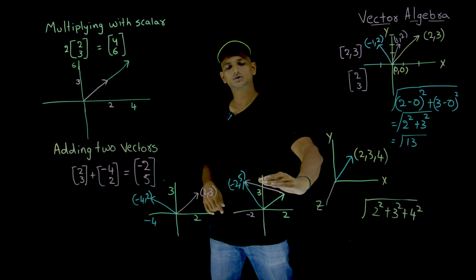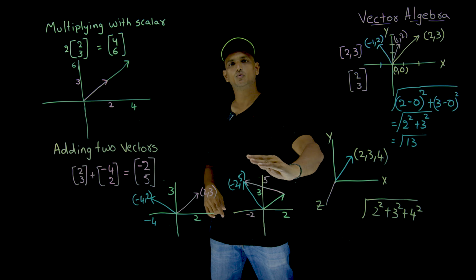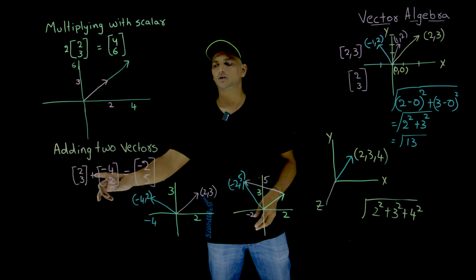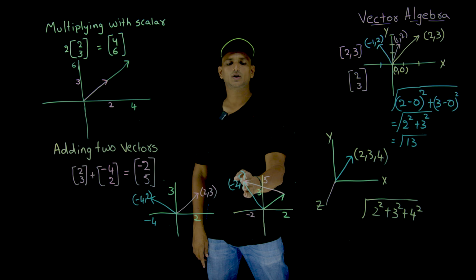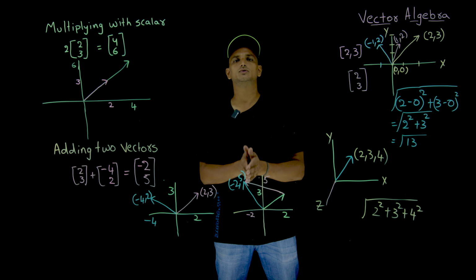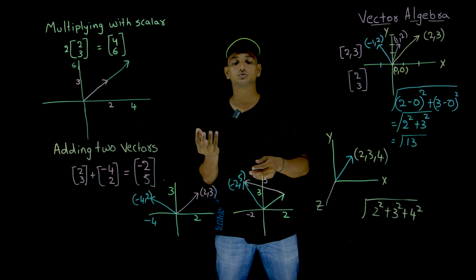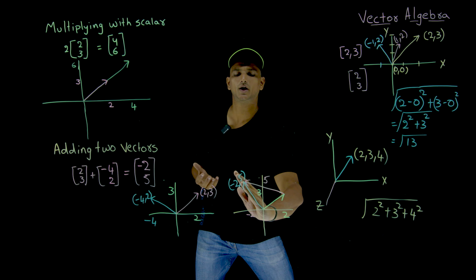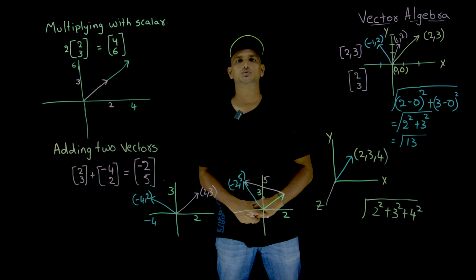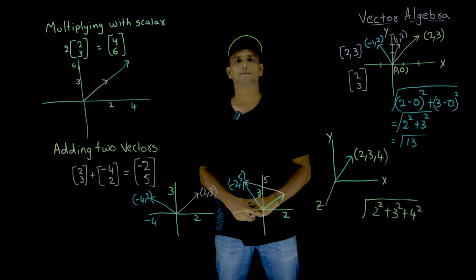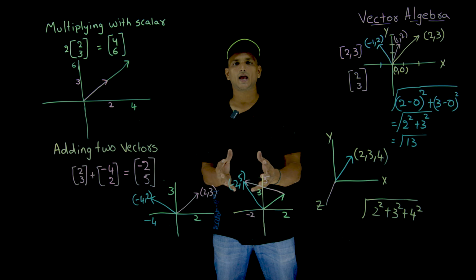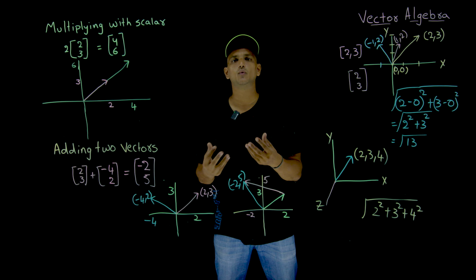From here onwards, this second vector moved 2 units above. 3 plus 2 is 5. So totally it moved 5 units towards the y-axis. So our new vector is (-2, 5). This blue line we call the (-2, 5). This is what happens when we add two vectors.